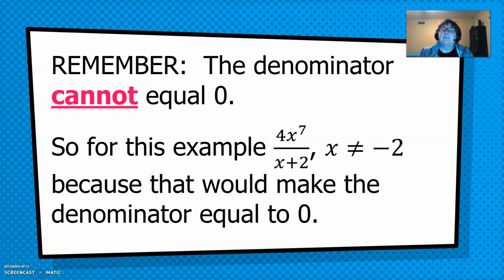That makes it undefined. So for this example, 4x to the 7th over x plus 2, x cannot equal negative 2 because negative 2 plus 2 would be 0. And that would make the denominator equal to 0, and that makes the whole fraction undefined. So we are concerned with what are those values that will make the rational expression undefined.